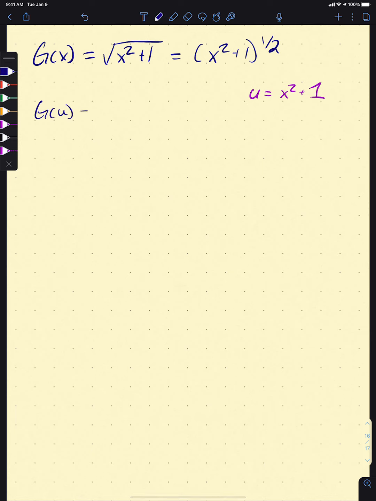Then g of u is simply the square root of u, right? So then if I take the derivative with respect to u, maybe something like dg du, right, we're going to get 1 over 2 root u.